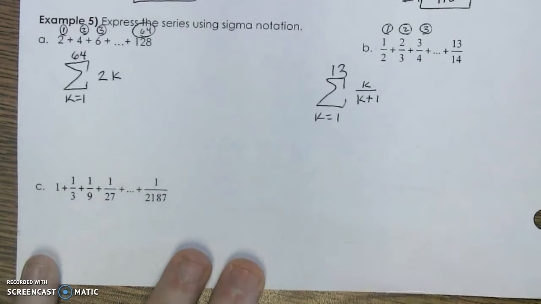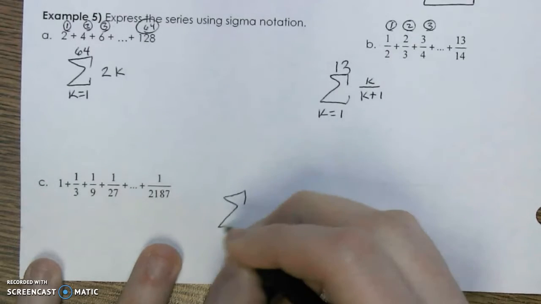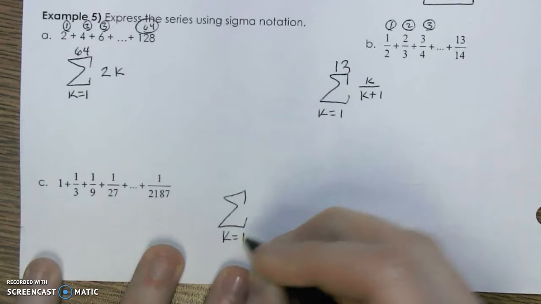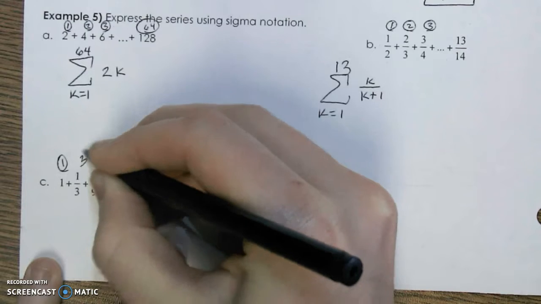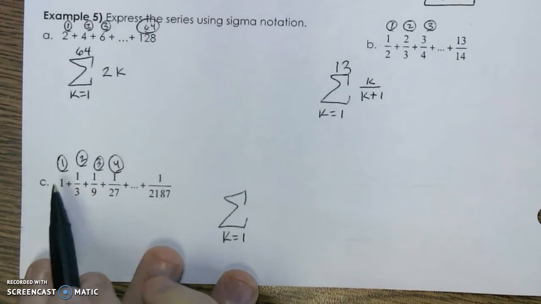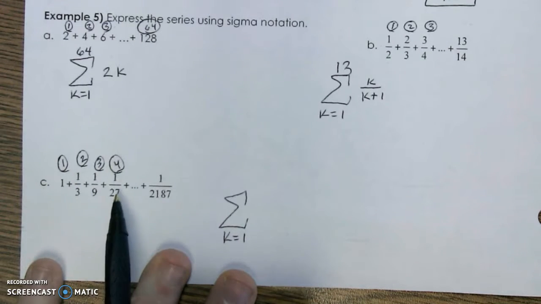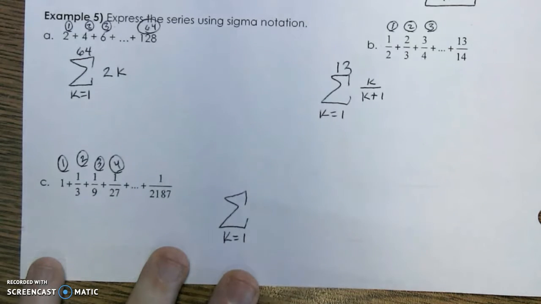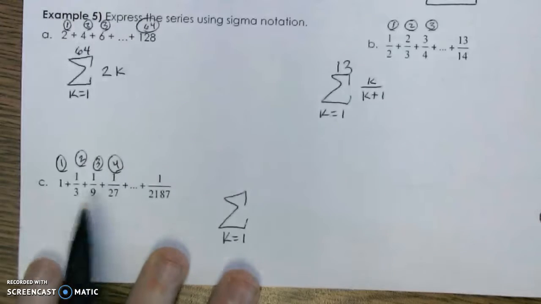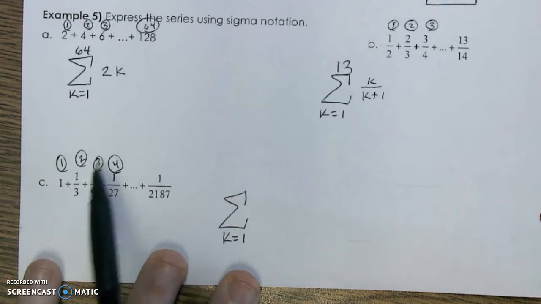Then C is a little bit more challenging. So let's start at 1. And if that's 1, then that's 2, 3, 4. And we want to think about what we are doing from 1 to get 1, 2 to get 1/3, 3 to get 1/9, and 4 to get 1/27. And so if you think about the fact that these are all multiples of 3, but we're not doing 1 times 3, 2 times 3, 3 times 3.